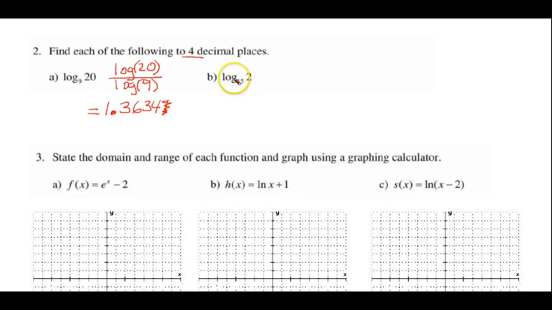Now for letter B, again, change of base formula: log base 10 of 2 over log base 10 of 15. Again that comes up, it's built into the system.